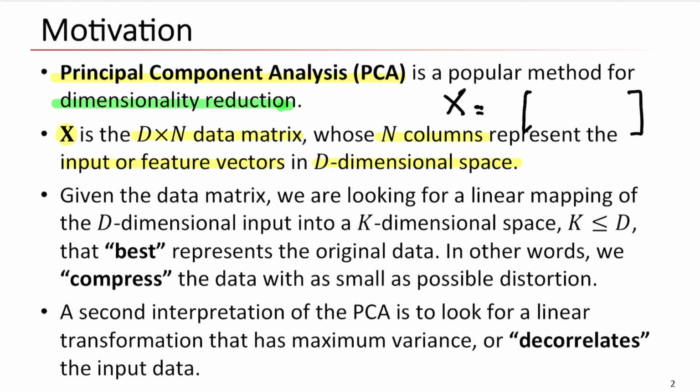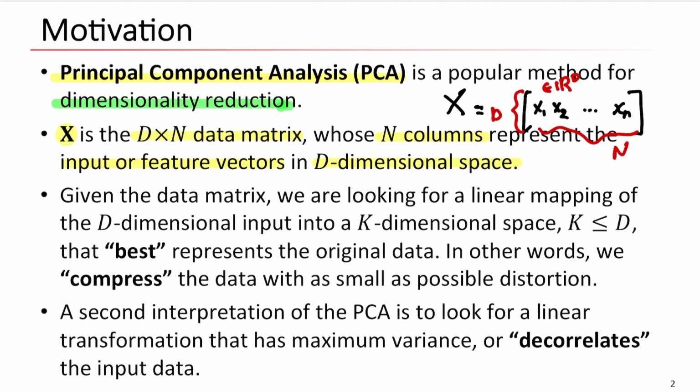So the matrix consists of the column vectors x1, x2 through xn. The dimension of each column vector is d, a d-dimensional column vector. What is the size of this matrix? T by n, right?